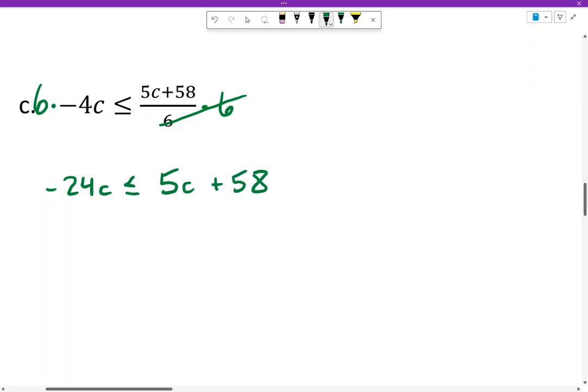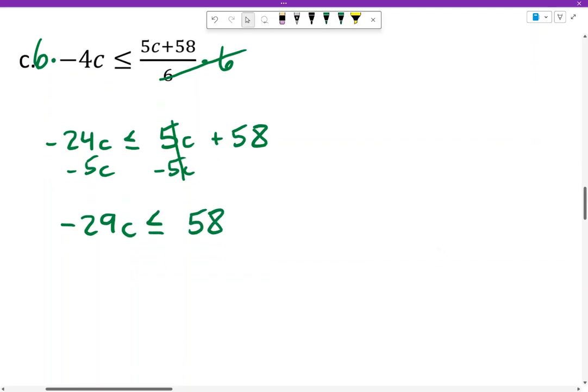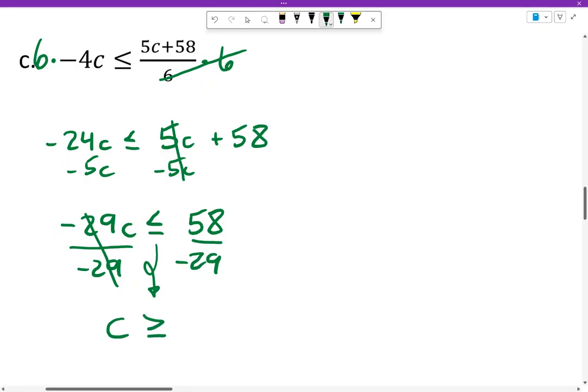And now because we have c's on both sides, we'll want to subtract one of them. So we get negative 29c is less than or equal to 58. Finally, we must divide by negative 29. We end up with c. We must flip our symbol: c is greater than or equal to negative 2.